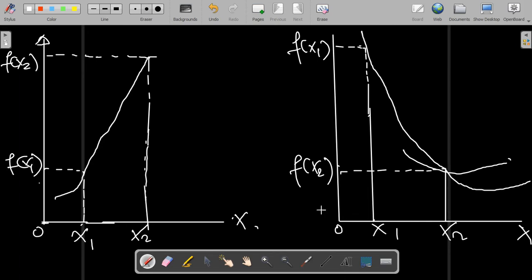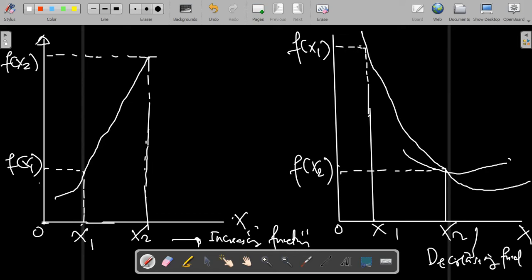So we take these values over here, as you observe. This first graph represents the increasing function. The right hand side graph represents a decreasing function, as you can observe.